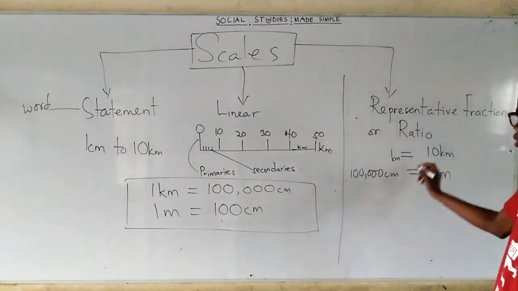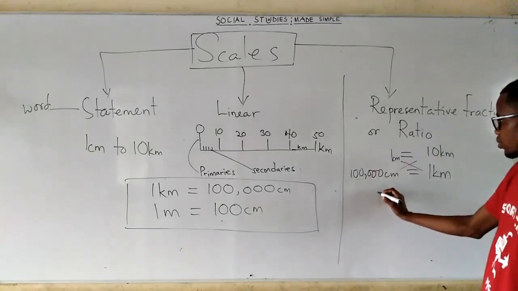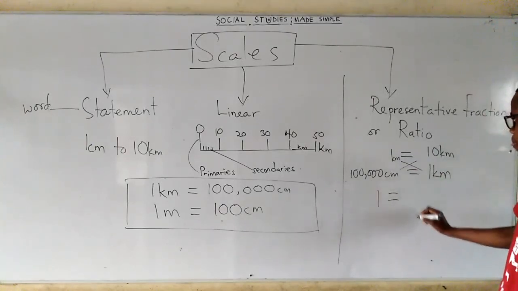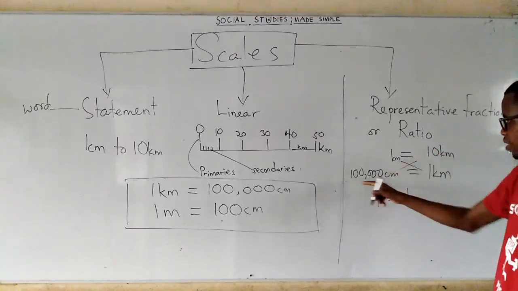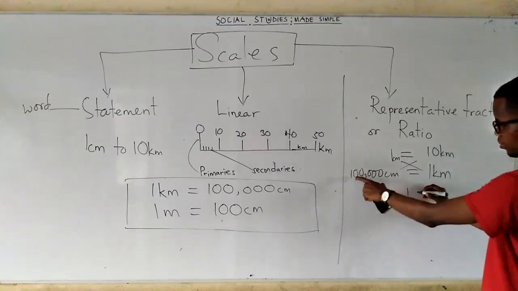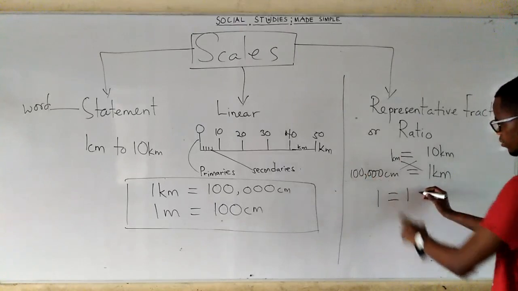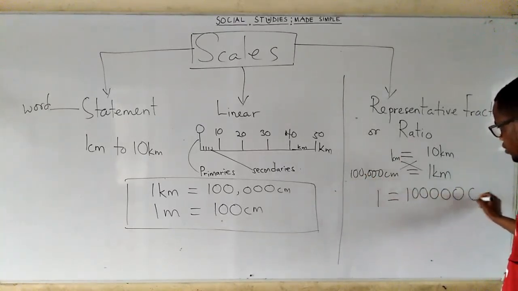So you have this. Then you cross multiply. When you cross multiply, you will now get what? 1 is equal to 1. Then this 0, when you multiply, you see that the 0 now become, this is 1, 2, 3, 4, 5. So you now have 1, 2, 3, 4, 5, 6.